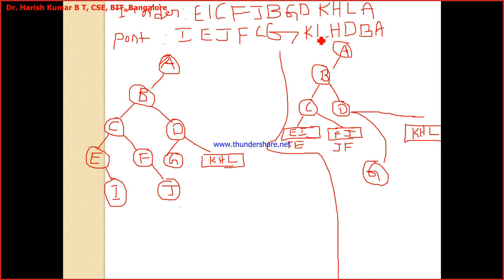When I look into the post order, it is K, L, H. I'll arrange it: K, L, H. Okay, that means the next right child for D is H. Okay, I'll erase this now.